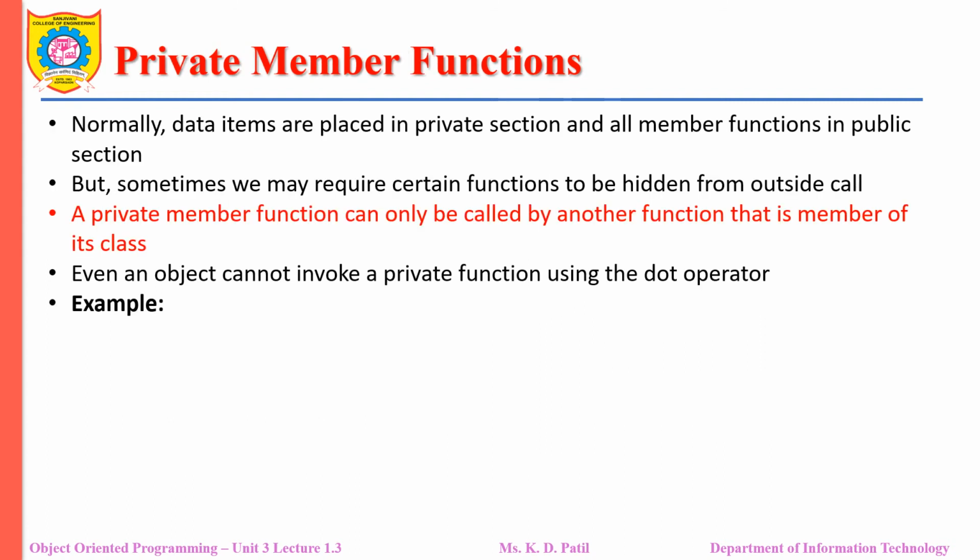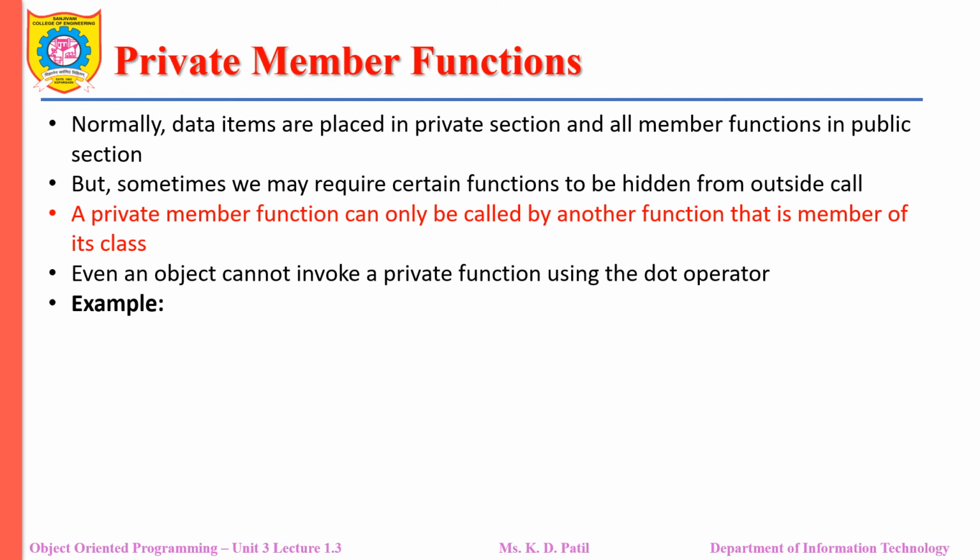Now let us see what a private member function is. Normally the data items are placed in the private section and all the member functions in the class are put in the public section, but sometimes we may require certain functions to be hidden from the outside world. Such member functions we declare in the private section of a class, and that member function can be called by another function that is a member of the class itself.